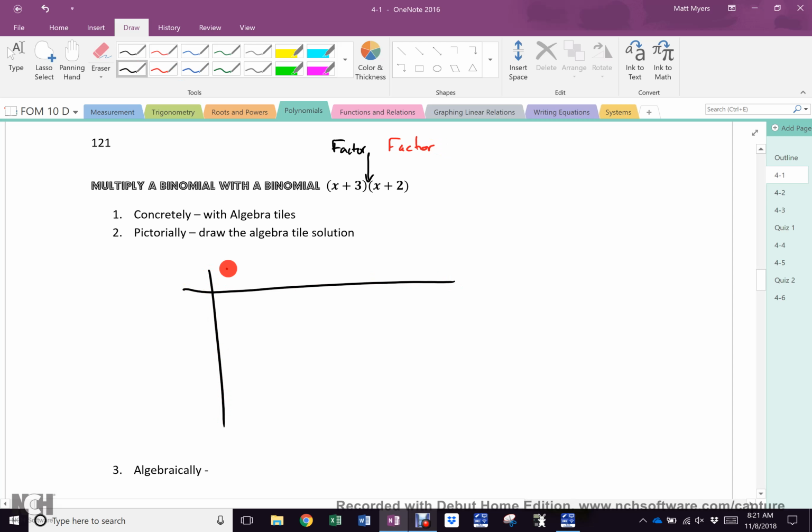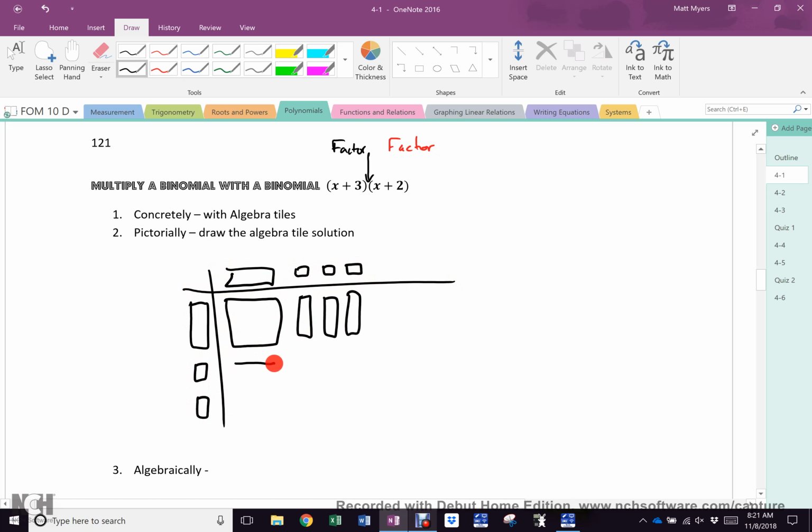One factor goes here, x plus 3. One factor goes here, x plus 2. And then we fill it in. And that gives us our answer when we count it up. 1x squared.